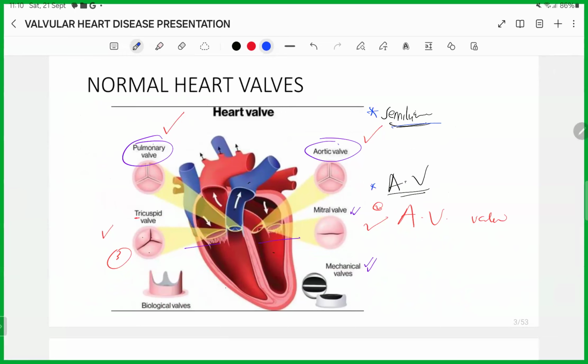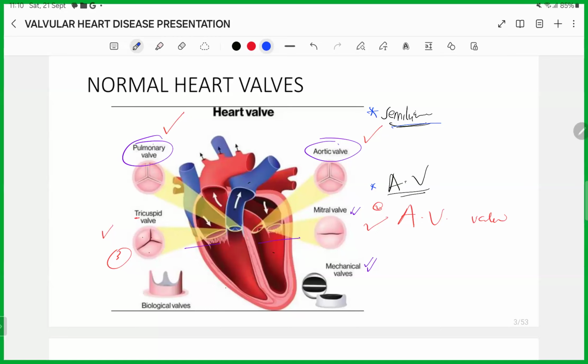So the semilunar valves are these aortic and pulmonary valves that you can see here that usually regulate the entry into the major outlets from the ventricles of the heart, which are, for the pulmonary, the pulmonary artery from the right ventricle.